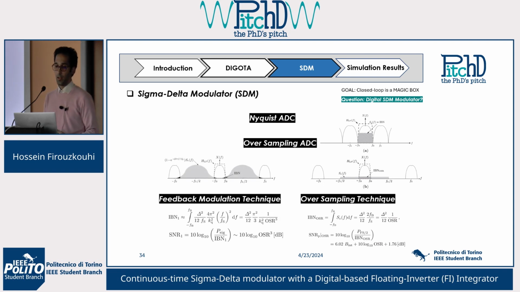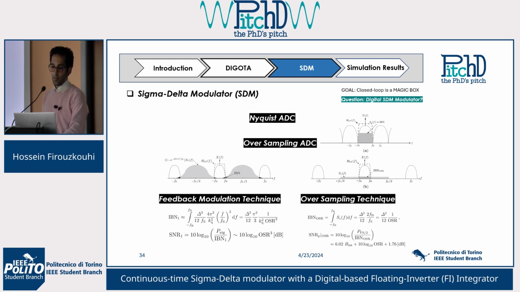And another technique that is used in the sigma delta modulator is the feedback modulation technique, in which the idea is to push the low frequency noise into the higher frequency by filtering the noise.